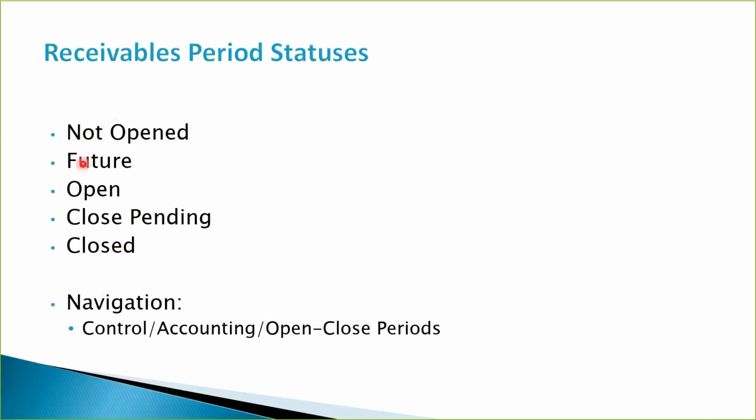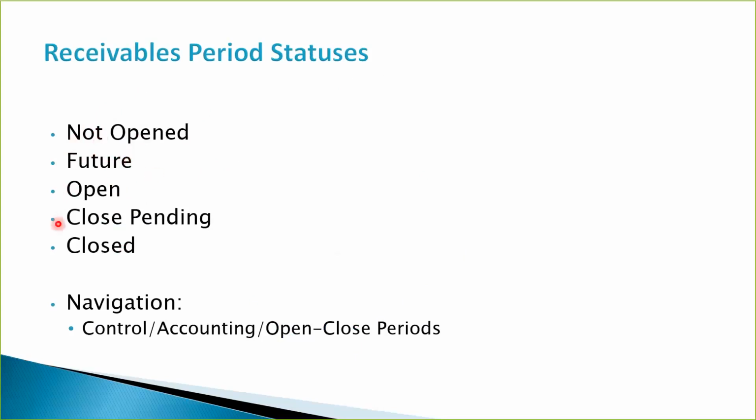You have future enterable, which is a concept you've seen in the other modules. We saw it in GL, we saw it in payables. So you can enter transactions here, but you can't post them, okay? Then you have open, where you can enter transactions and post them.